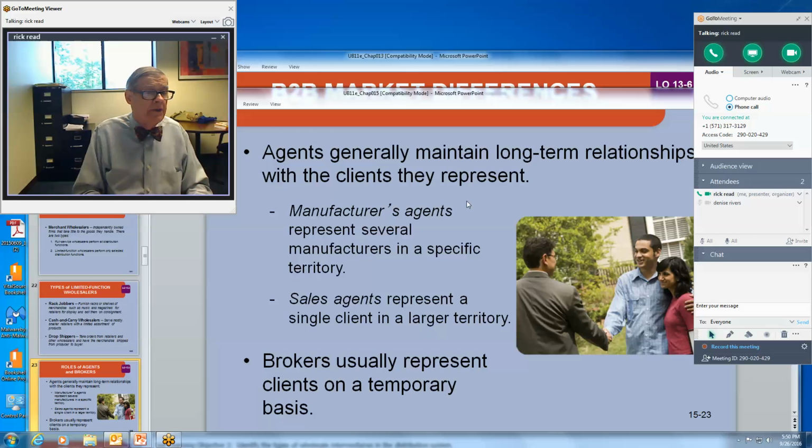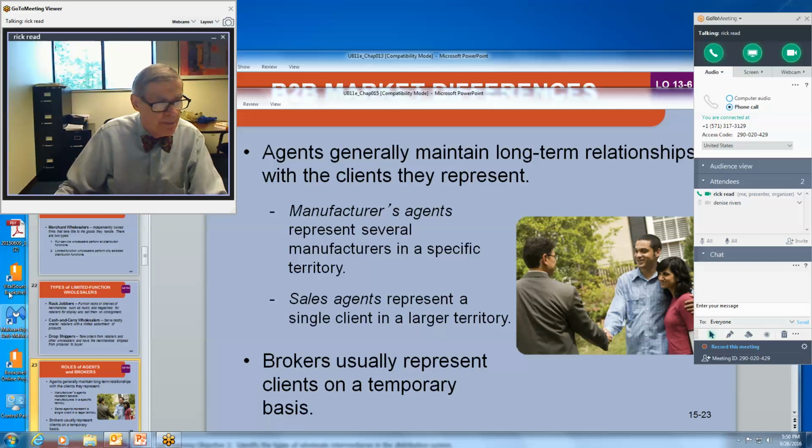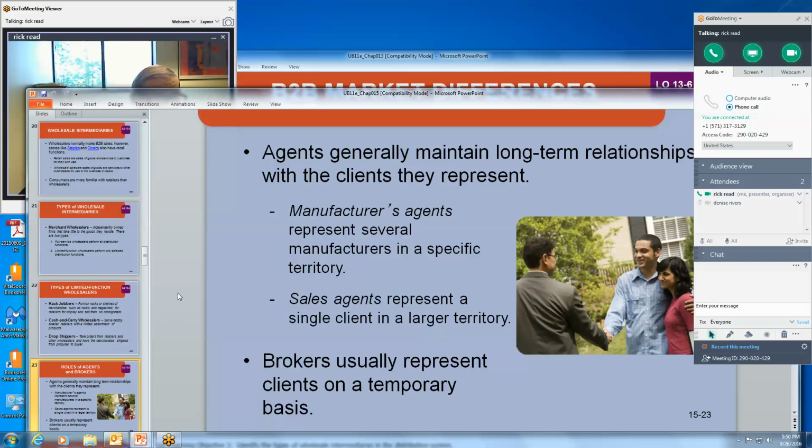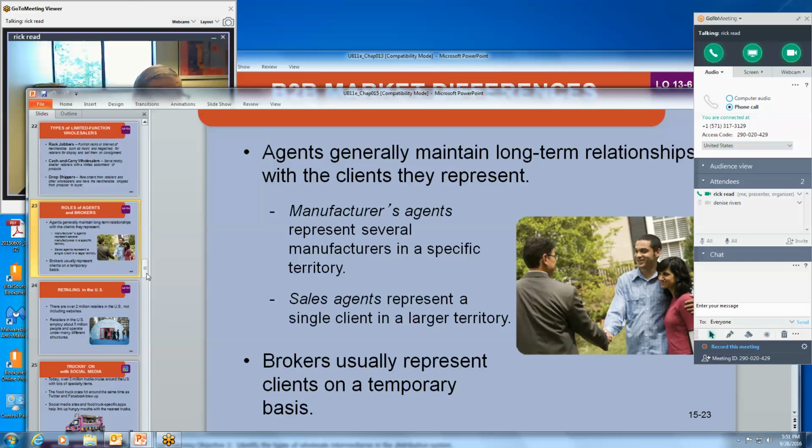And then a broker is similar to an agent, but normally they only represent the seller or the buyer on a temporary basis. So you don't see them all the time like you do an agent. And remember that neither of these folks take title to the goods.